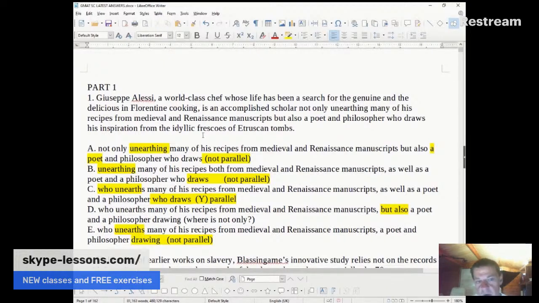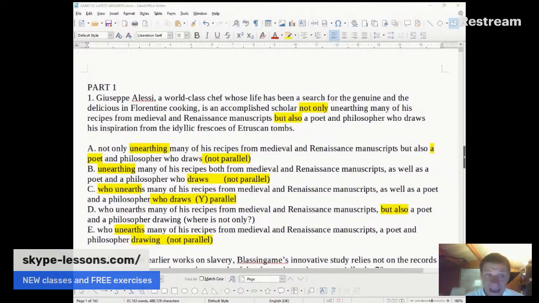Giuseppe Alessi, a world-class chef whose life has been a search for the genuine and the delicious in Florentine cooking, is an accomplished scholar, not only, and I want to draw your attention to this, not only. And why do I want to draw your attention to this? Because not only, but also is a correlative conjunction. And anytime you use a correlative conjunction, you are making a comparison between two things.